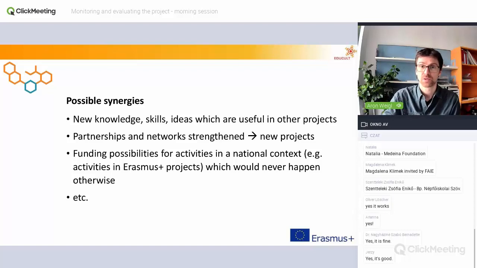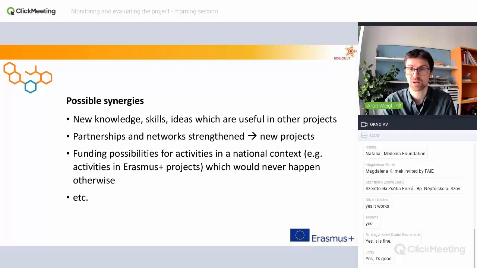What are possible synergies in international projects? For sure, new knowledge which you would not gain if you cooperate in a national context, because there are other, as I said, understandings which can be challenging, but which can also be interesting, helpful to find new ideas, possibly for new projects, and also for new partnerships.